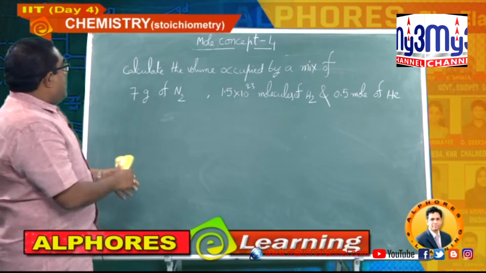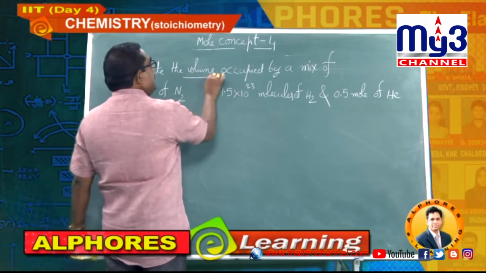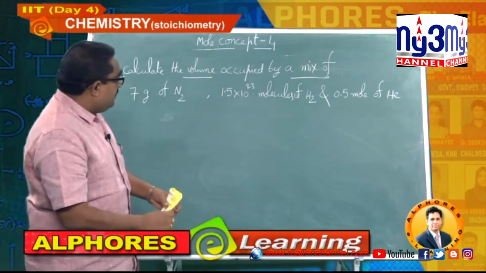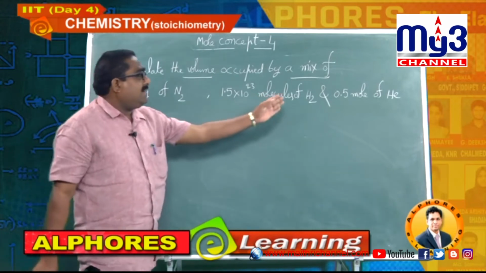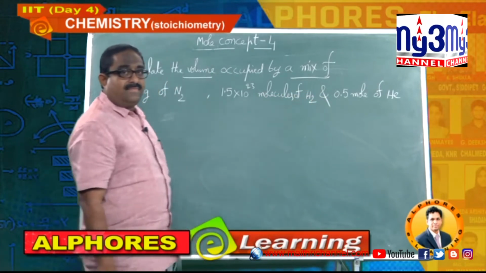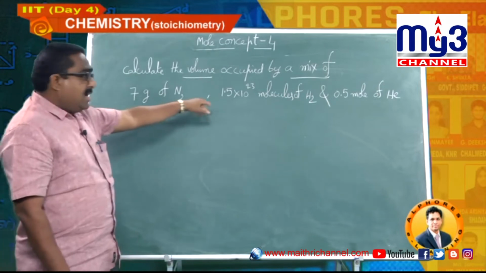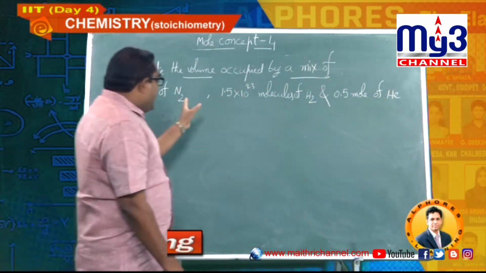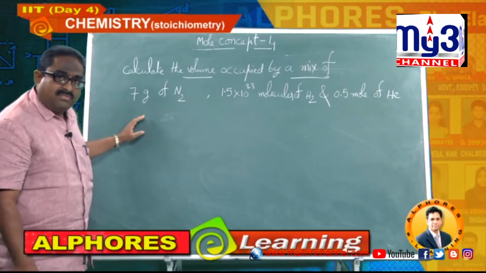See, you have to calculate the volume of a mixture of gases. 3 gases are here: nitrogen, hydrogen and helium, and data is given in different forms. Observe it.